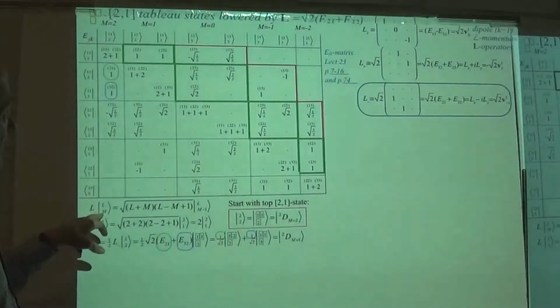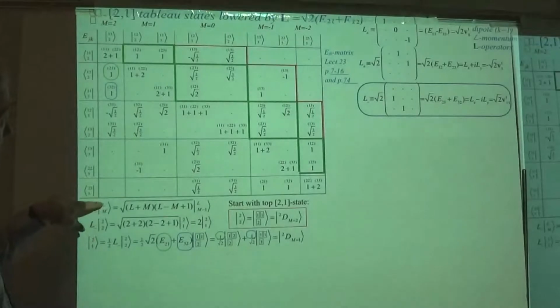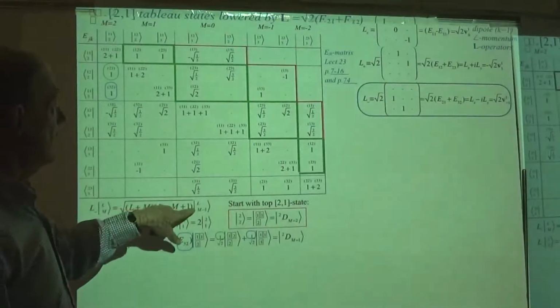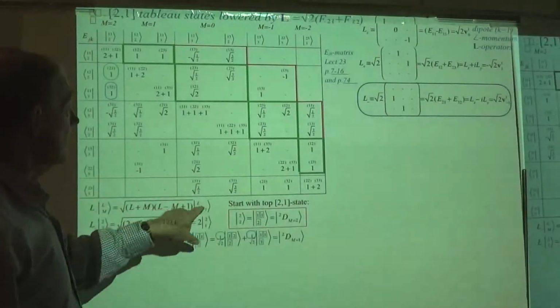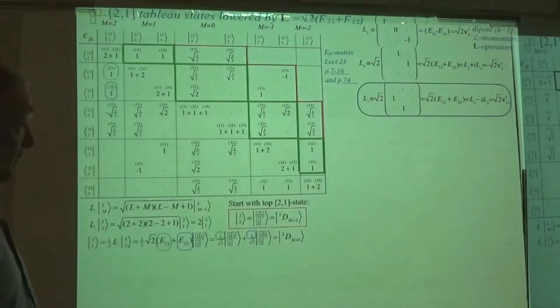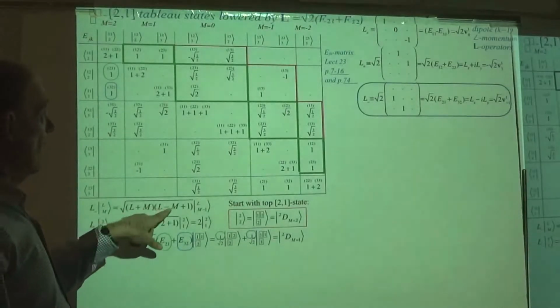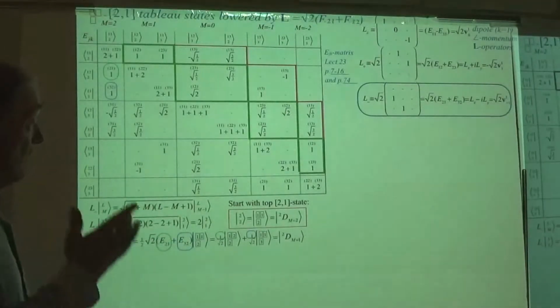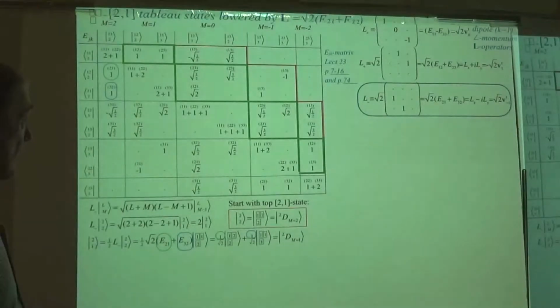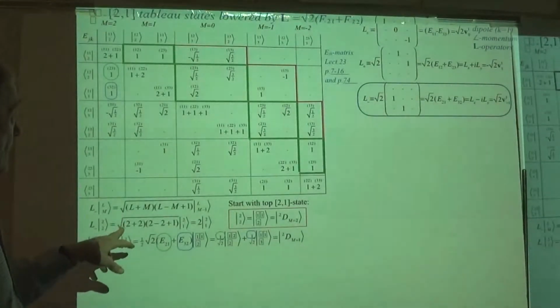That L minus on an angular momentum state of orbital L and z component m is going to give you an extra factor, assuming these things in kets are normalized vectors. It's going to give you a factor of the square root of (L plus m)(L minus m plus 1), the thing we derived by harmonic oscillator theory quite a few lectures ago.